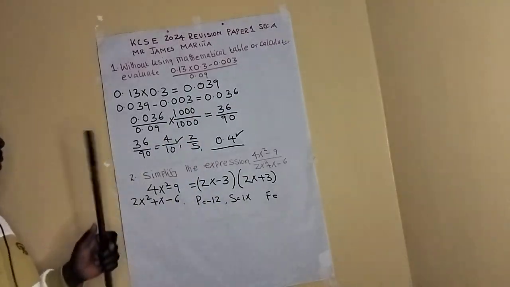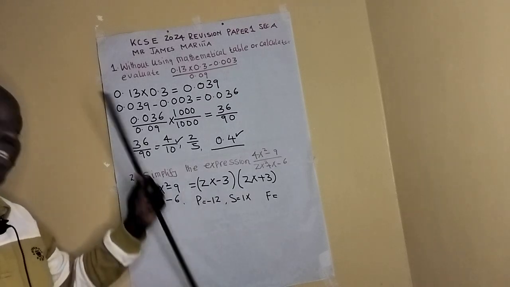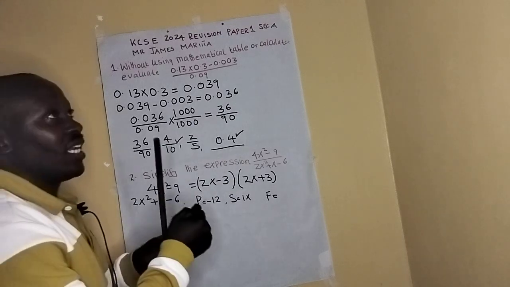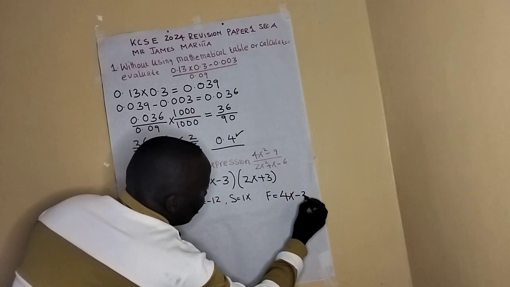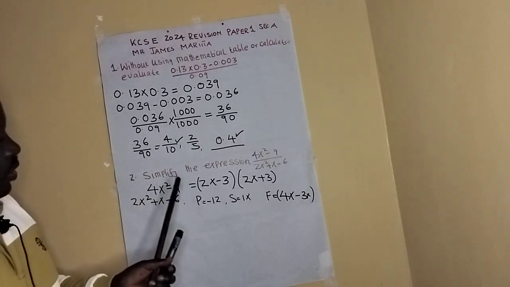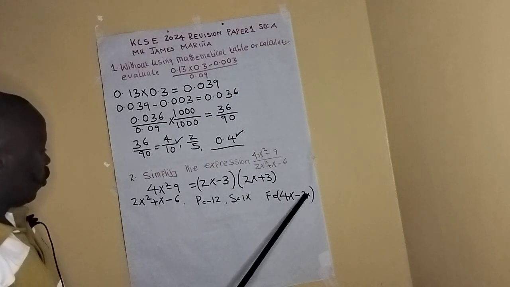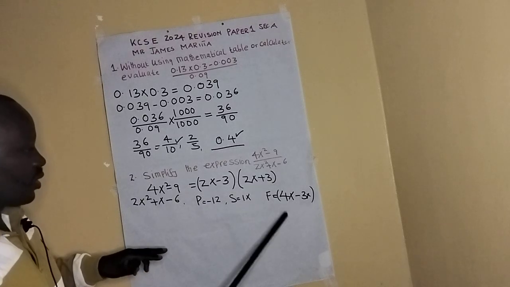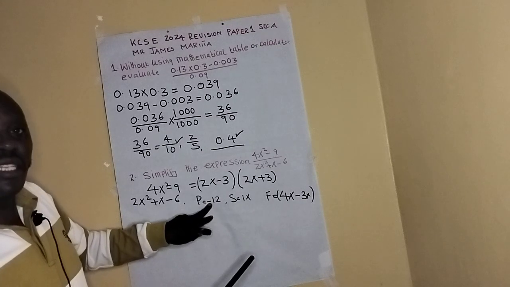What are the factors which can give us negative 12 and a positive 1x? This is 4x and negative 3x. So we have 4x minus 3x. These are the factors here, such that 4 times negative 3 gives a product of negative 12.